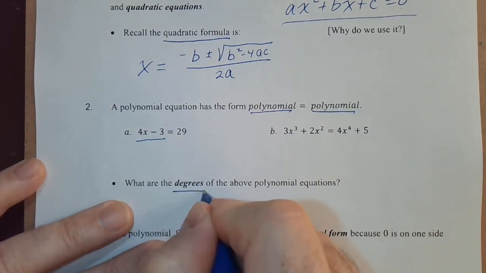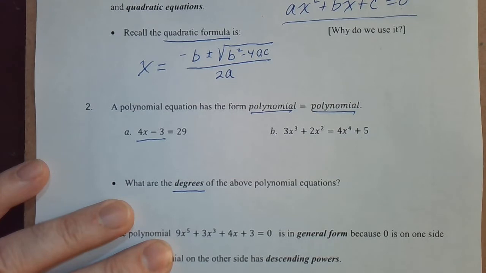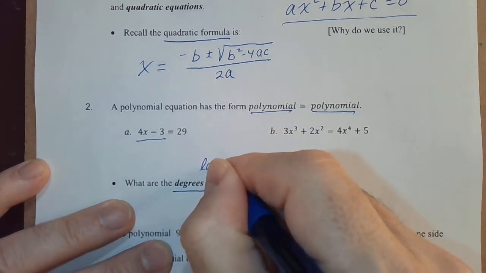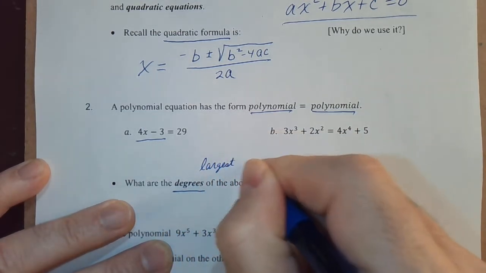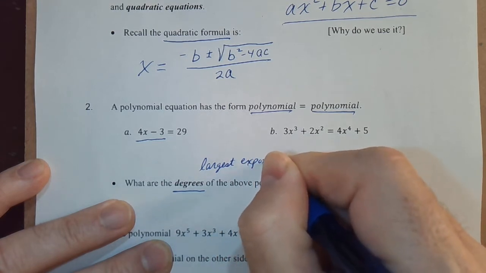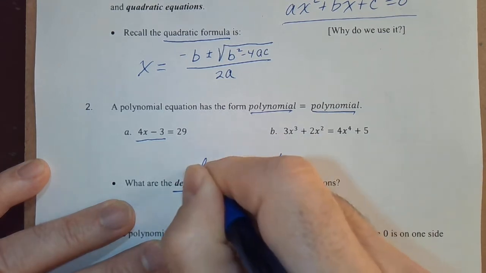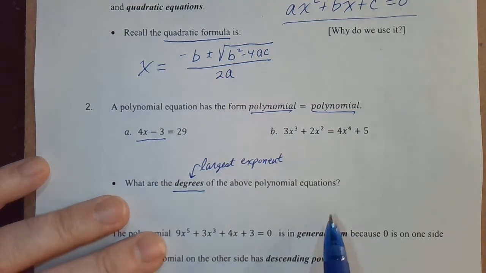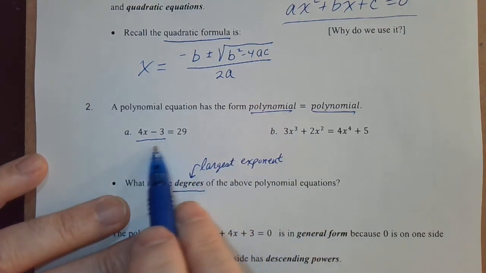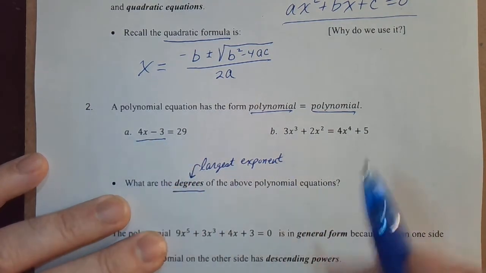Here's a term we need to know. What are the degrees of the above polynomial equations? The degree is the largest exponent of the variable x. In this case, the variable's x. So this would be what? You don't see an exponent, but what is the exponent?